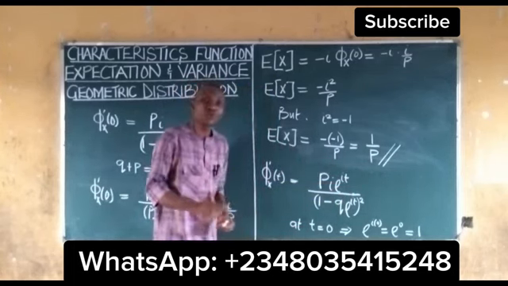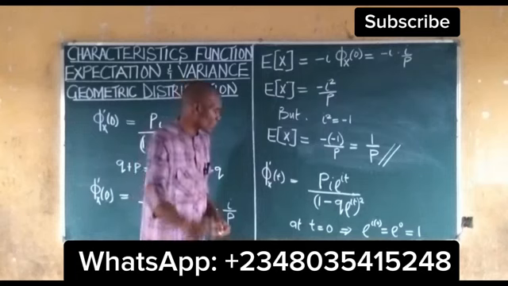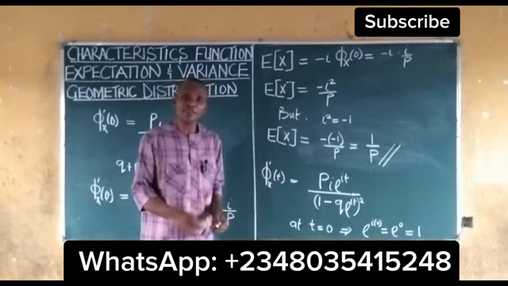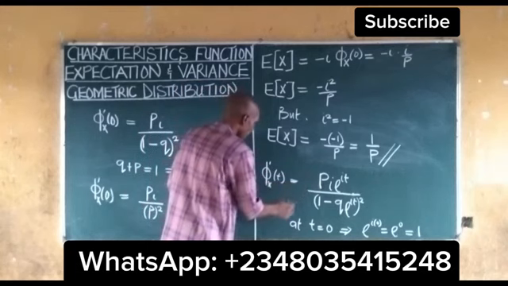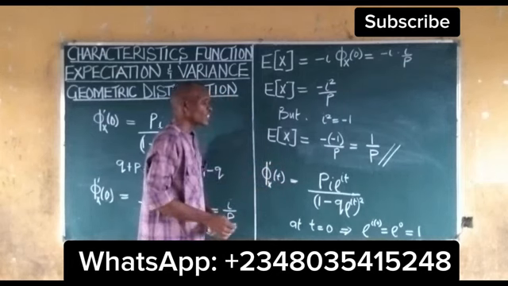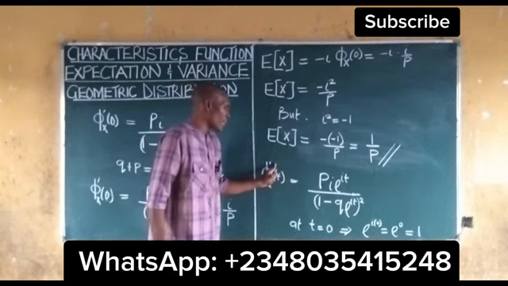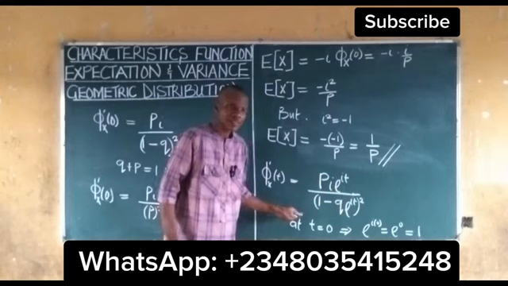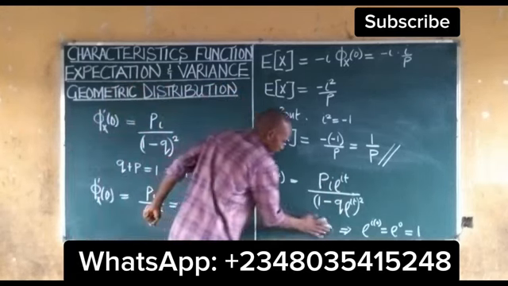The next thing to do is to find the expected value of x squared. We also need to note that if we have this as our first derivative, the expected value of x squared will be obtained from the second derivative of this. So we write this over here.